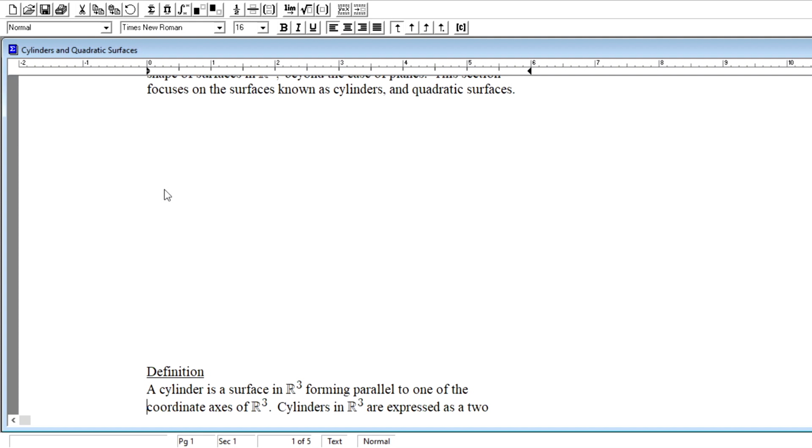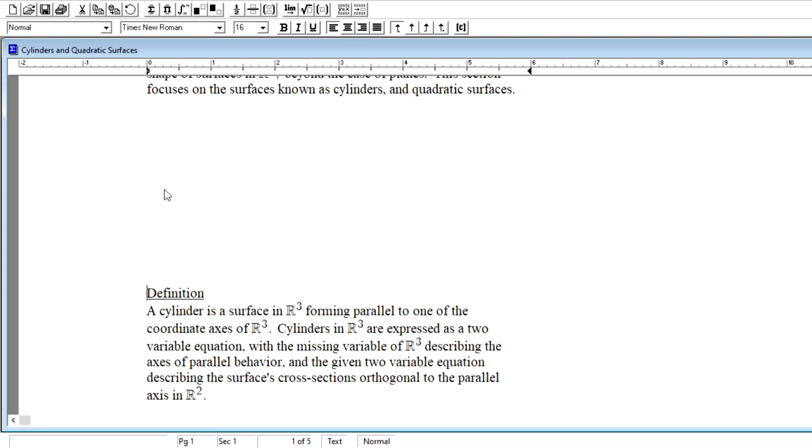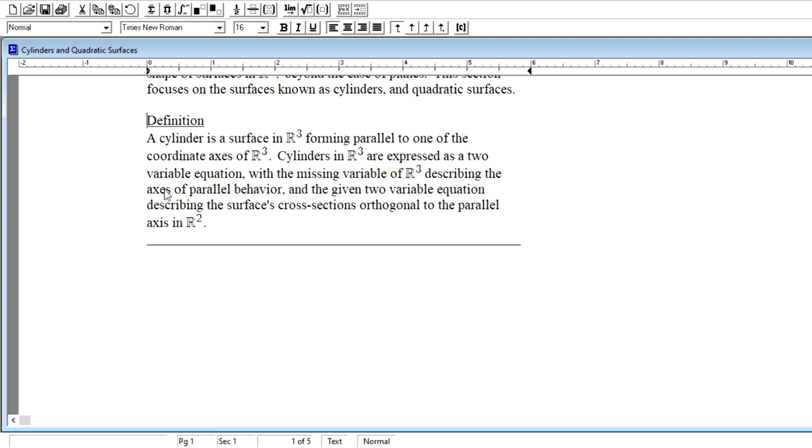Now, in terms of what it means to be a cylinder, this is our definition. A cylinder is just a surface in R3 that forms parallel to one of the coordinate axes of R3. It's going to run right along with one of the coordinate axes, parallel to that axis.